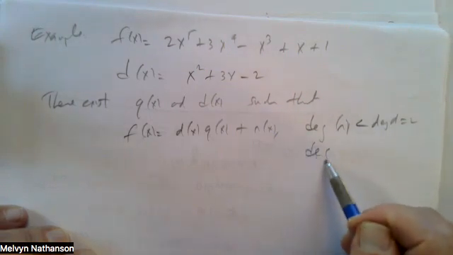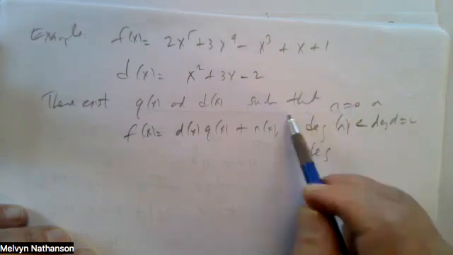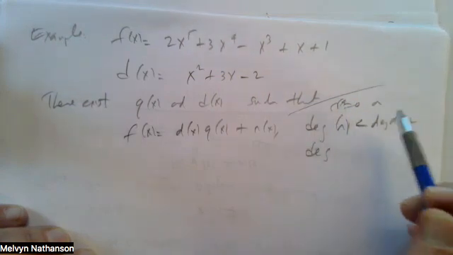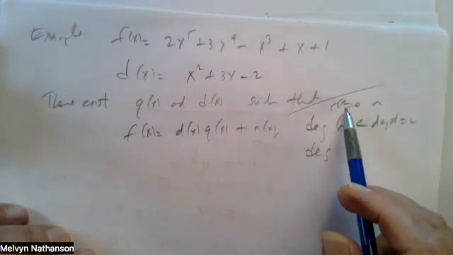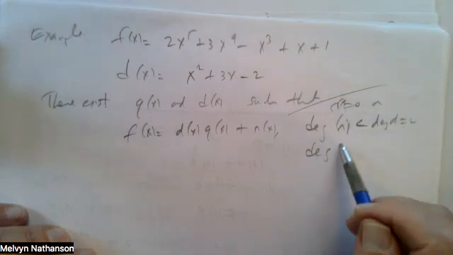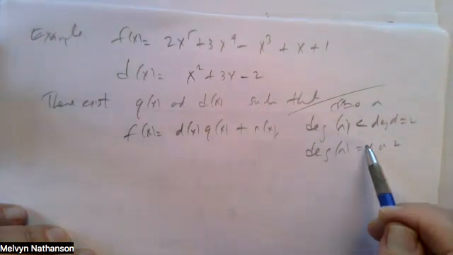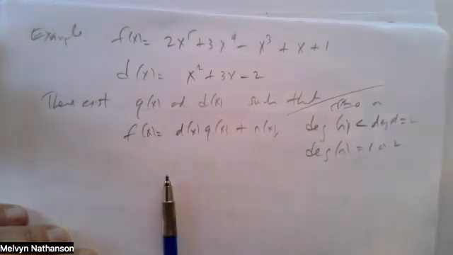Either r equals 0, because the zero polynomial has no degree, or if the remainder is not 0, then the degree is less than 2, which means the degree of r is 0 or 1.